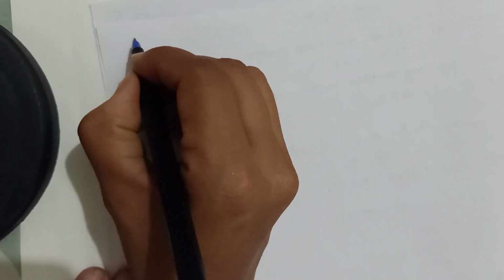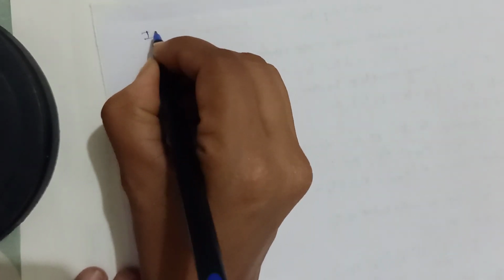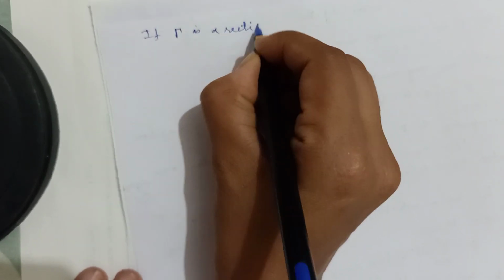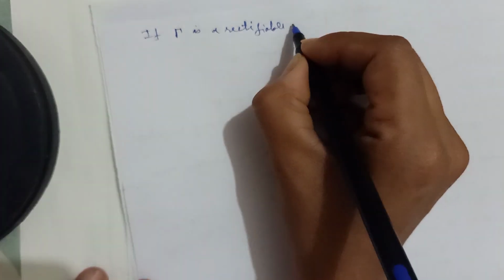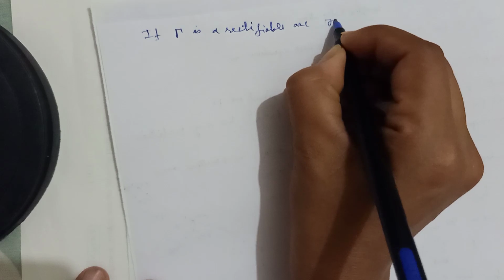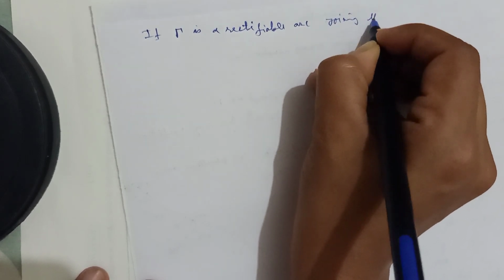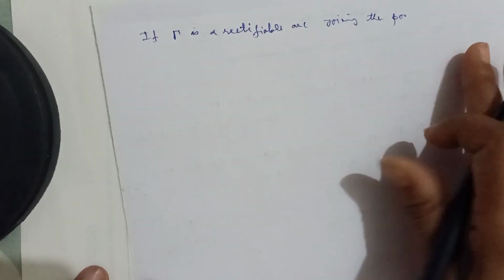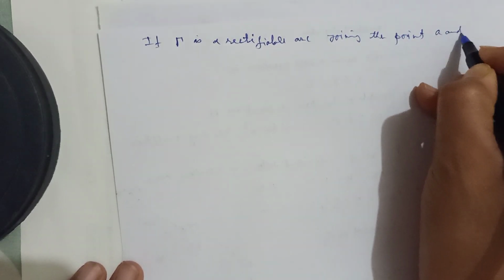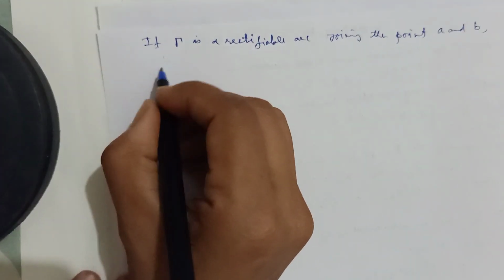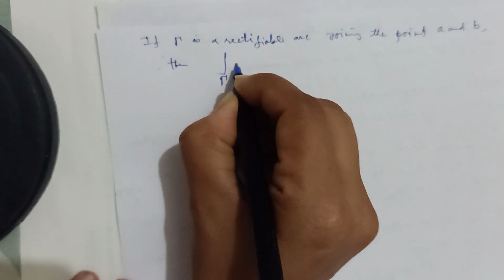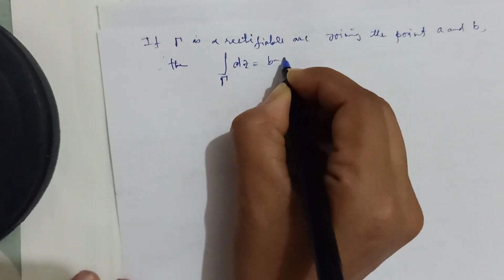Now we can easily prove that if gamma is a rectifiable arc joining the points a and b, then the integration over gamma of dz equals to b minus a.